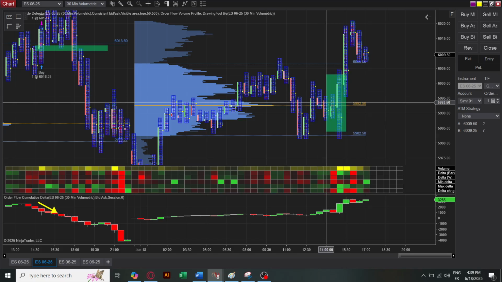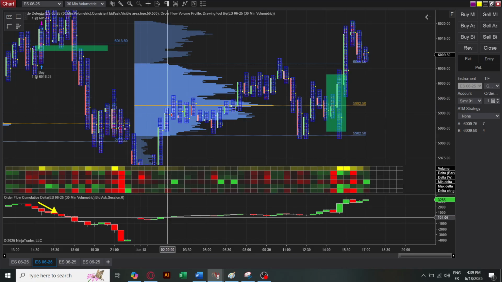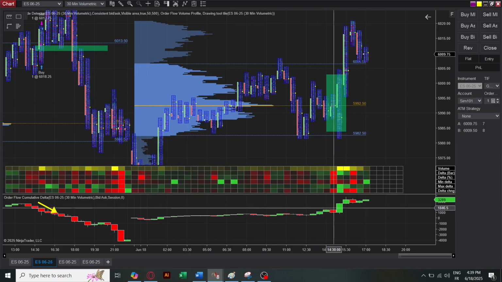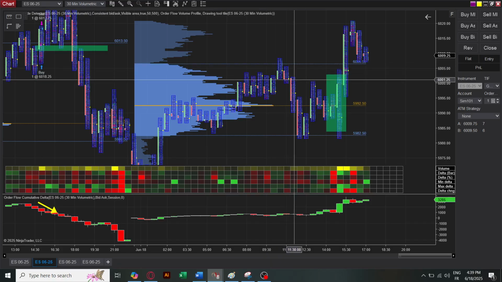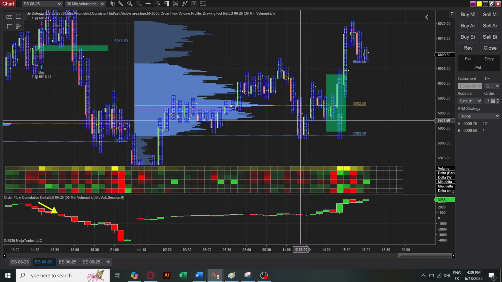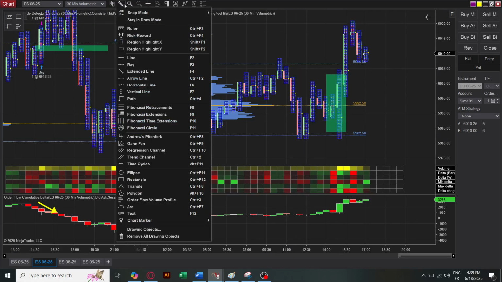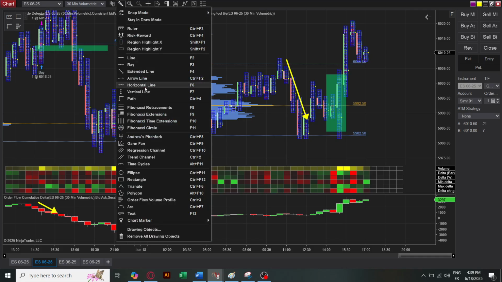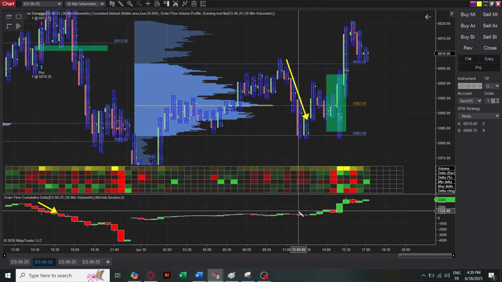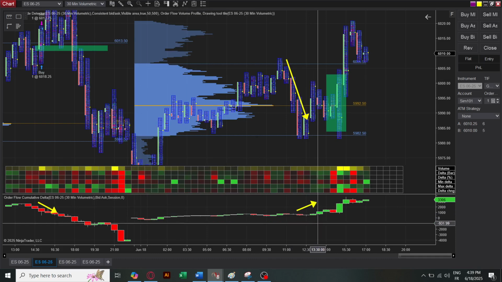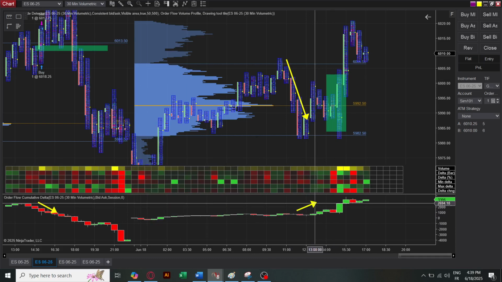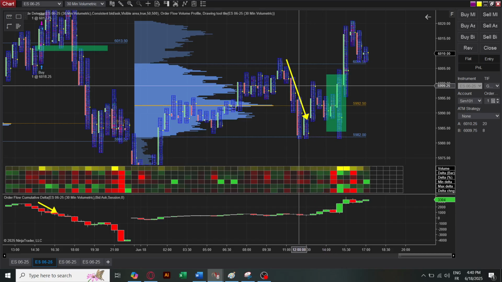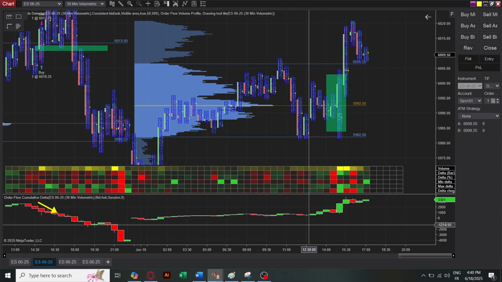So what we can see before is cumulative delta going up, and even when price is going down over here, the cumulative delta keeps building up, and this means institutional interest is buying more than selling. So this is a very important divergence.